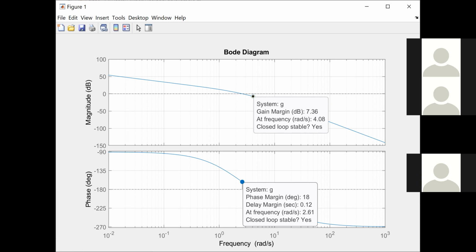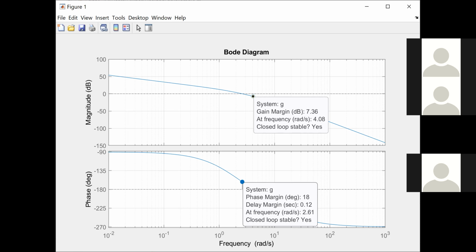So from the final observation, the gain margin is 7.36 decibel at omega GM 4.08, and the phase margin is 18 degrees positive at omega phase margin 2.61 radian per second. Overall, the system is stable due to the positive gain margin and phase margin.